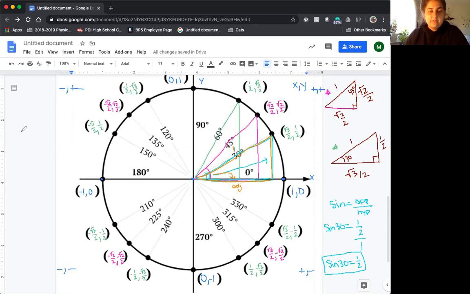So for cosine, right, we know that cosine equals adjacent over hypotenuse.